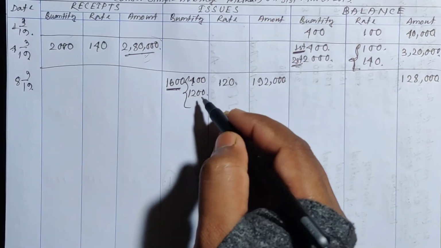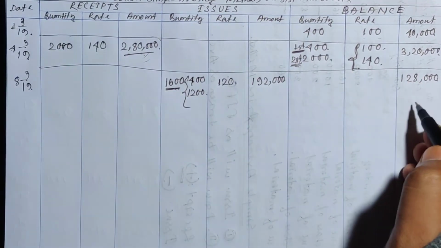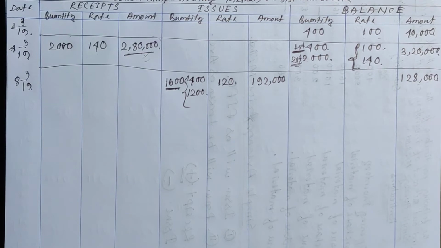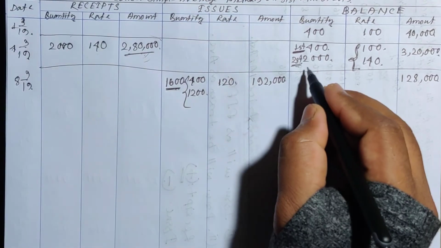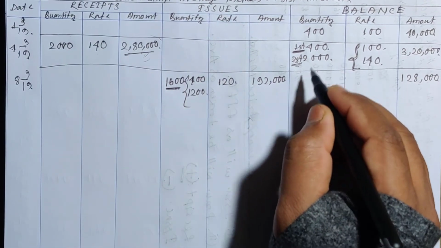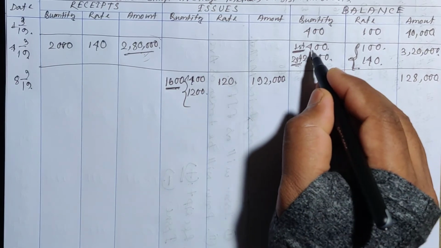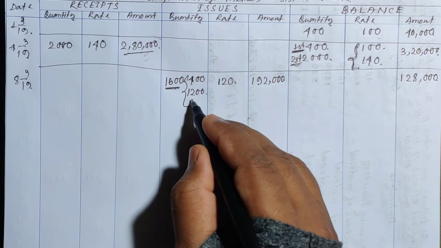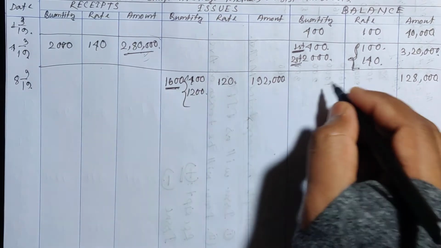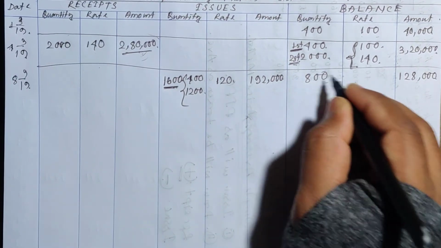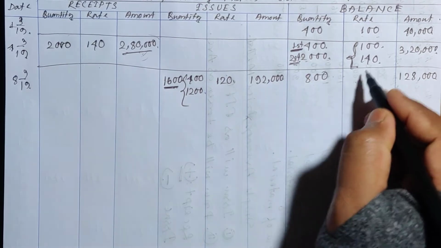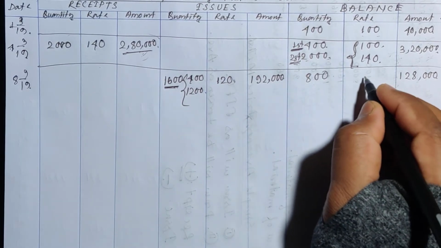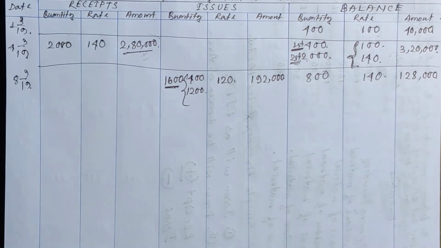For issue I have to subtract the value from the stock. And then I will follow the FIFO method. That means my 400 I have issued, and from 2000 I have issued 1200 units. So there is 800 present, and the 800 per kg value is 140. As usual, FIFO method.